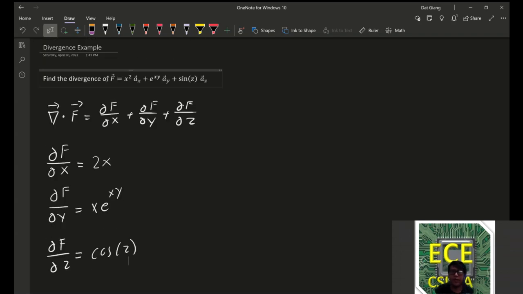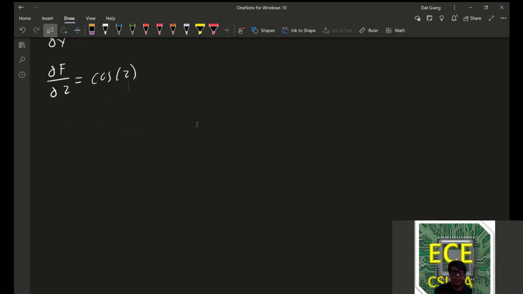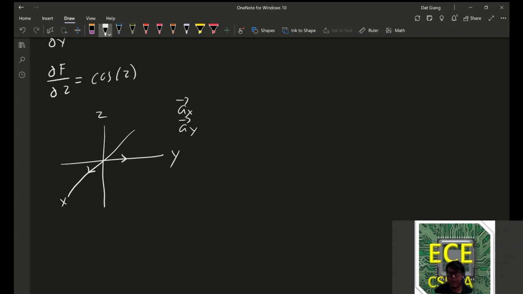Now, you might be wondering why I didn't bother to compute the partial derivative of every other vector component concerning this. And it goes back to properties of the dot product. If we draw a coordinate space with Z, X, and Y, what A_x means is a basis vector in the direction of X. A_y is a basis vector in the Y direction, and A_z is a basis vector in the Z direction.